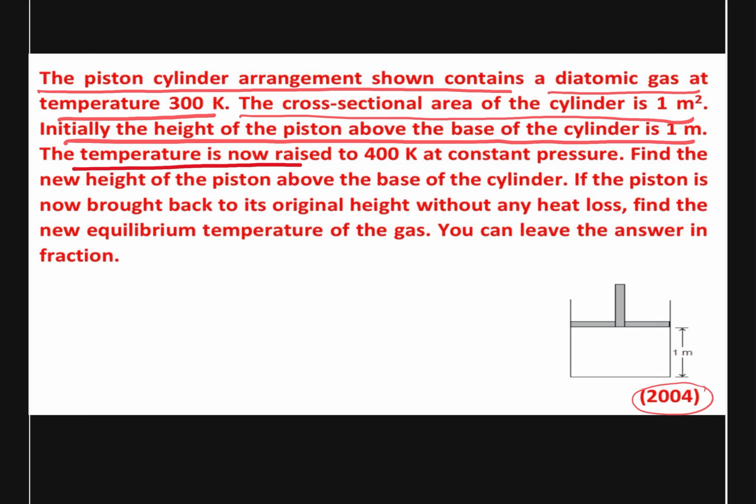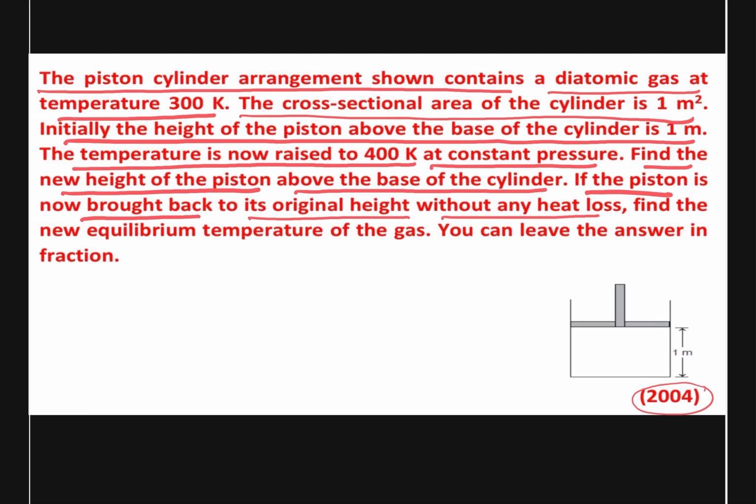The temperature is now raised to 400 Kelvin at constant pressure. Find the new height of the piston above the base of the cylinder. If the piston is now brought back to its original height without any heat loss, find the new equilibrium temperature of the gas. You can leave the answer in fraction.